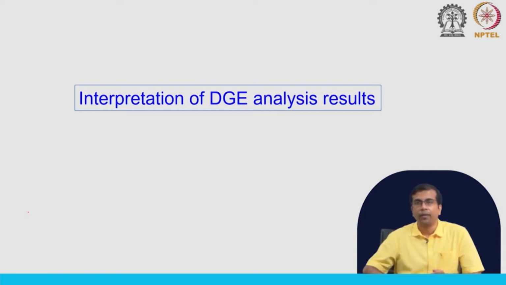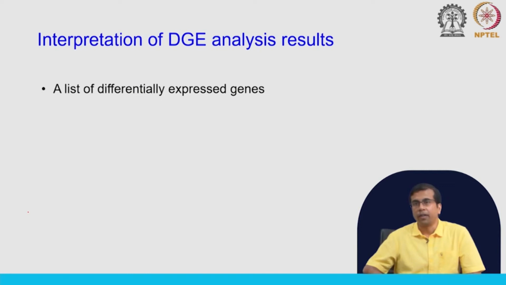Now, what do you want to do after you have got the list? Let us say you got 100 genes in the list, and this is what we are going to talk about now. How do you actually interpret these results that you have got after this differential gene expression analysis?